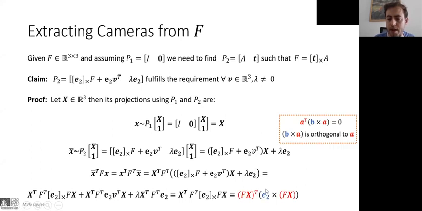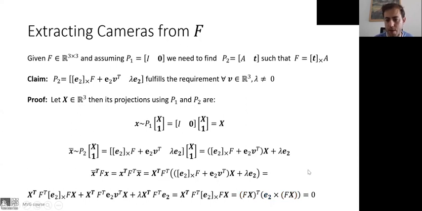But what we have here has the following form: a dot product of A with the cross product of B with A. And the cross product of B with A is orthogonal to both B and A. So it's orthogonal to A, and the dot product between a vector and a vector that is orthogonal to it is just 0. So we got 0 as required. Okay. Any questions about this slide?